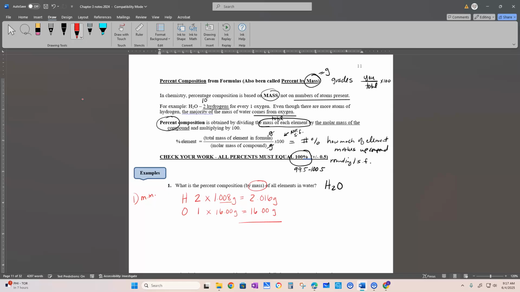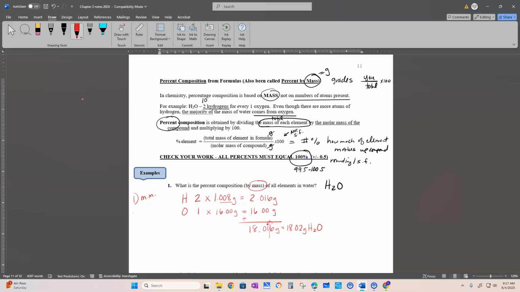Notice I said sometimes molar mass has 3 after the decimal, but when we add this up, we do have to cut. So 2.016 plus that 16.00, I'm going to get 18.016. But because of sig figs, I'm going to cut, and then I need to round that number up. So my molar mass is going to be 18.02 grams. And don't forget the chemical in the back.